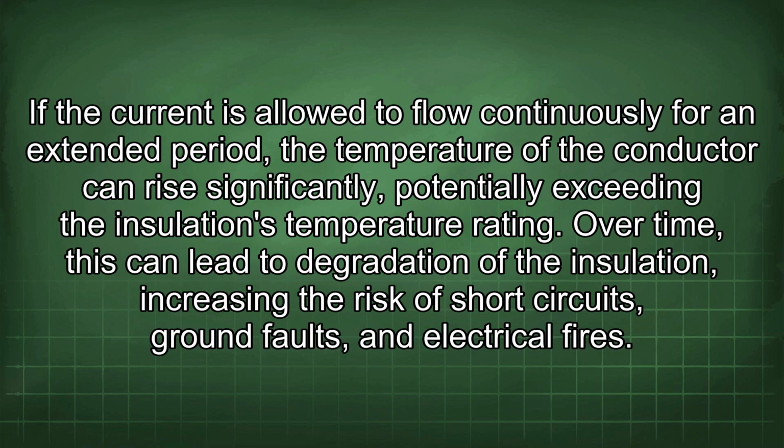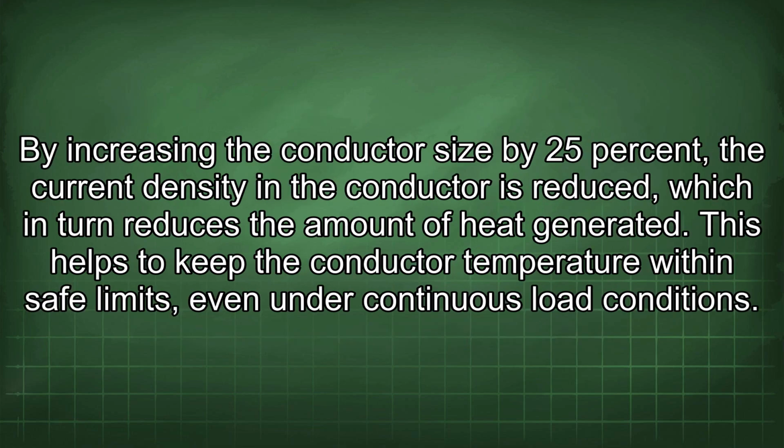If the current is allowed to flow continuously for an extended period, the temperature of the conductor can rise significantly, potentially exceeding the insulation's temperature rating. Over time, this can lead to degradation of the insulation, increasing the risk of short circuits, ground faults, and electrical fires. By increasing the conductor size by 25%, the current density in the conductor is reduced, which in turn reduces the amount of heat generated. This helps to keep the conductor temperature within safe limits, even under continuous load conditions.